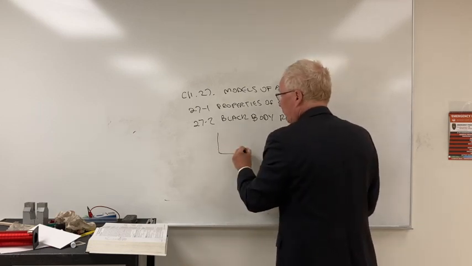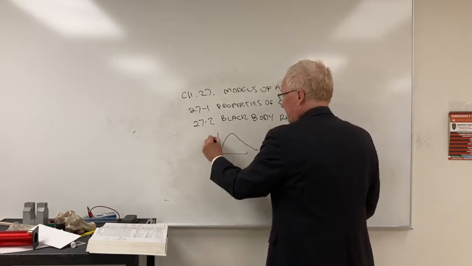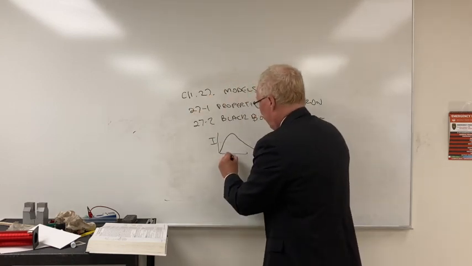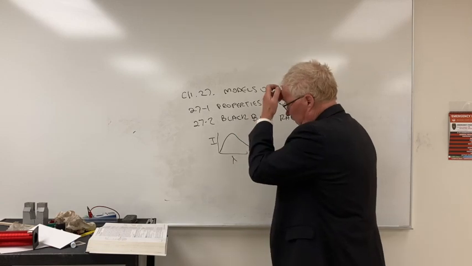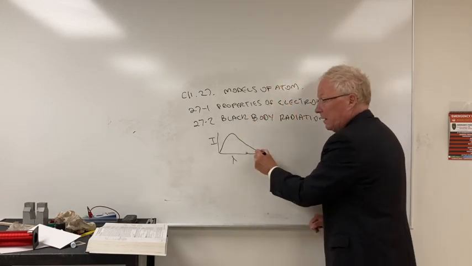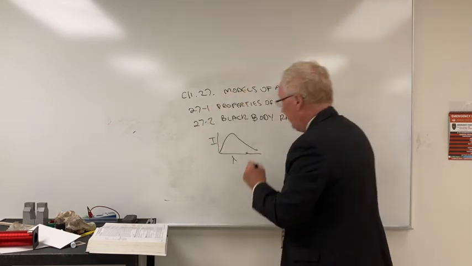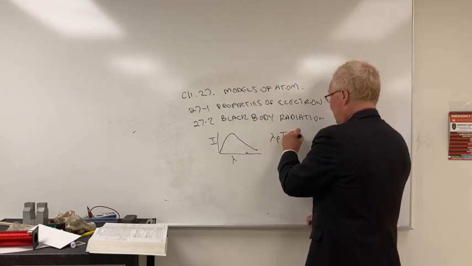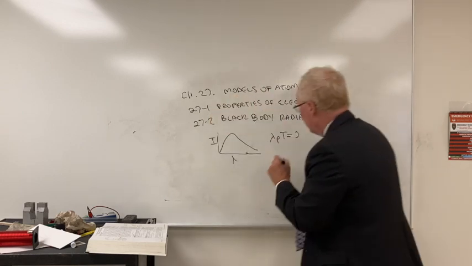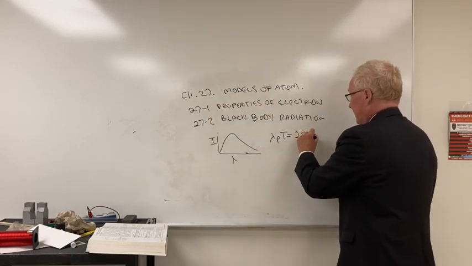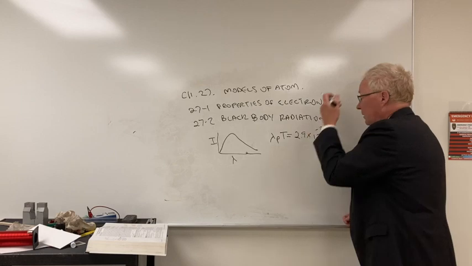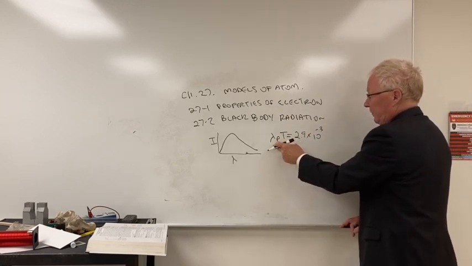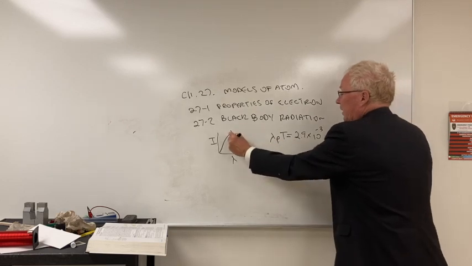Basically the graph we have of intensity versus wavelength, right? And then the fact that the peak wavelength, lambda p times T, is 2.9 times 10 to the minus third. So what this means is, as the temperature goes up, the peak wavelength goes down.